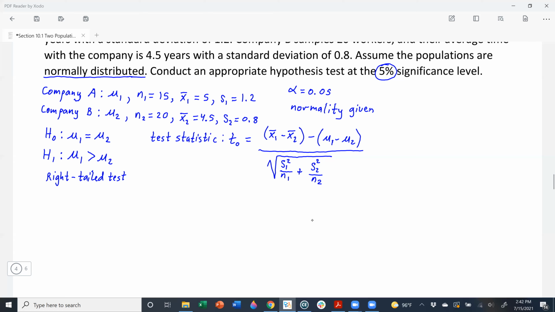Okay, and when I say standard deviation squared, that really just means variance, but I'm going to think of it as standard deviation squared because we were given standard deviations. So we're going to need to square those.